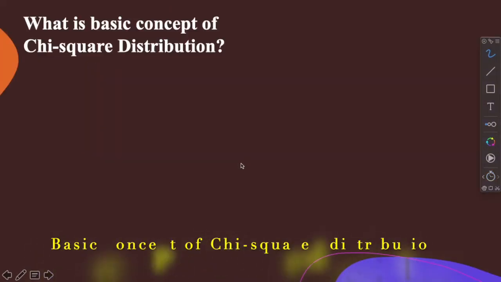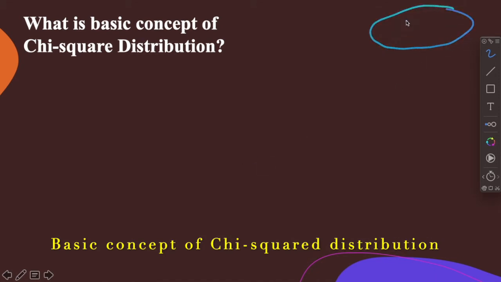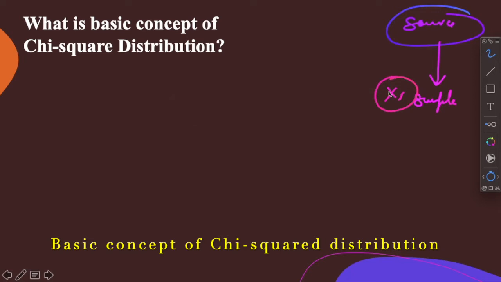What is the basic concept of the chi-square distribution? Chi-square is a distribution where the relationship of source and sample is such that if xi, or x1, is an outcome from the source, and we plot the relationship of this outcome with respect to the probability of occurrence of this outcome, this will become a distribution.